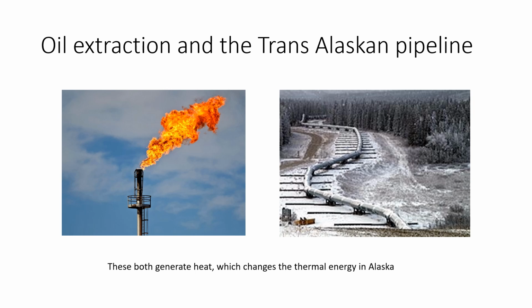So the flaring has increased the temperature, and both the construction and the movement of the oil through the pipeline has altered the environment too. It has changed the thermal energy within this environment, even though steps were taken during the construction to limit the amount of energy and heat within this landscape. The very fact it's there has changed it.